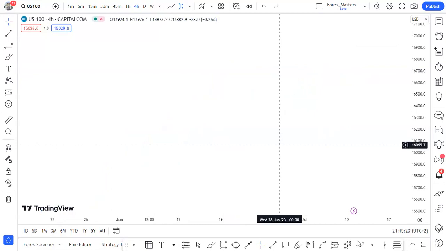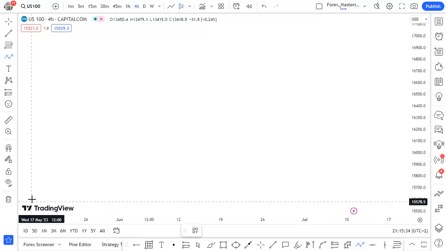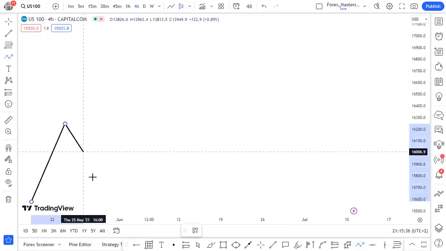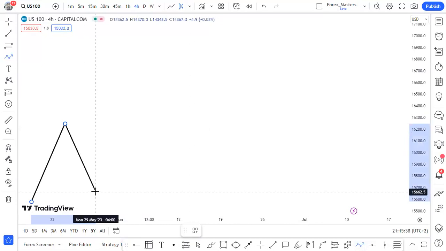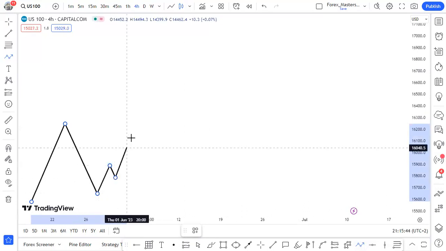So the first thing that we should always put at the back of our mind is market structure. We always begin with market structure. What we want to see is that the trend should be a confirmed trend.